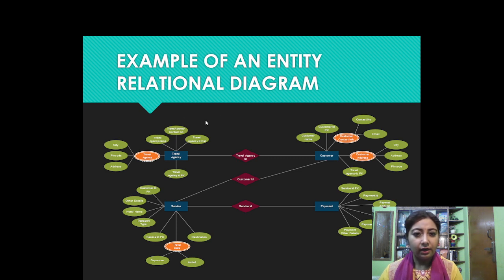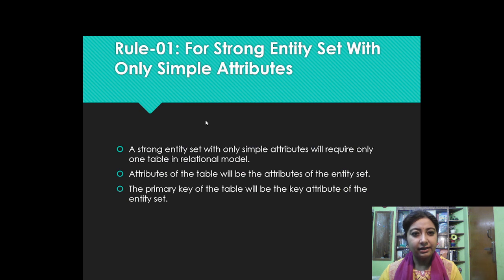So now let's move to the next slide. There are some rules based on which we can do the mapping. The first rule is for a strong entity set with only simple attributes. A strong entity means an entity which has a primary key.